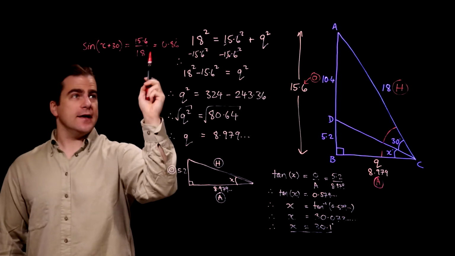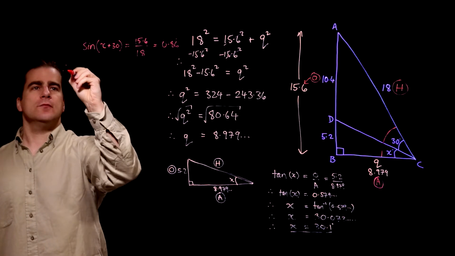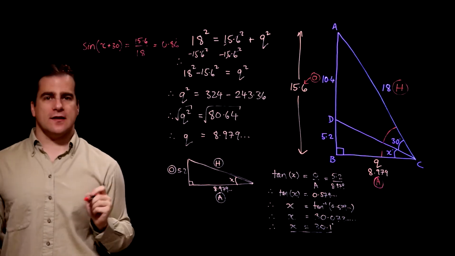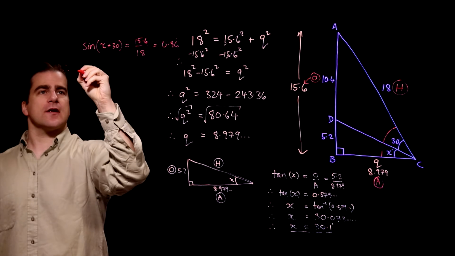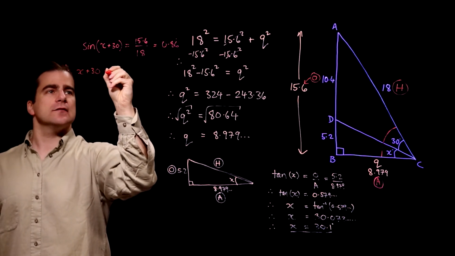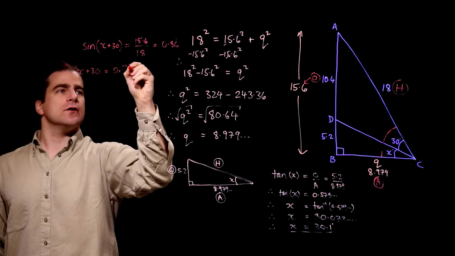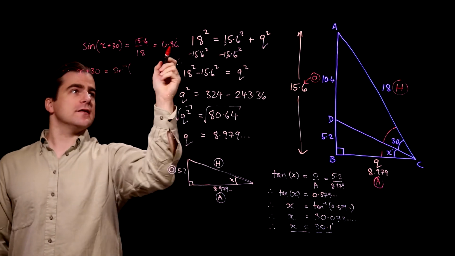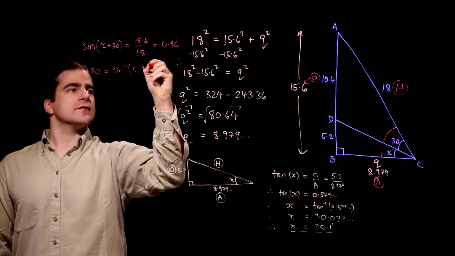Okay? Again, put that in your calculator's memory. Therefore, if the sine of x plus 30 is 0.86 recurring, then the actual angle, which in this case is x plus 30, is the inverse sine of 0.86 recurring.